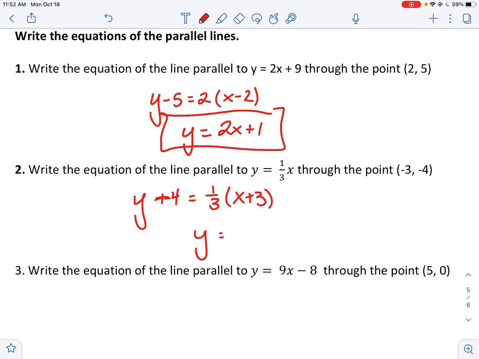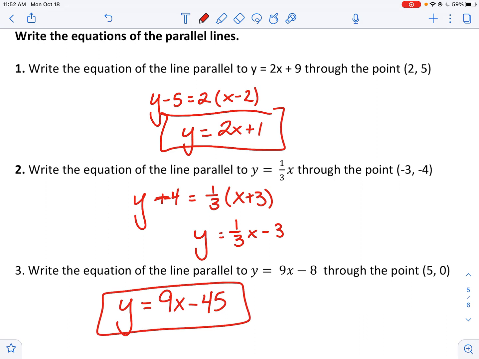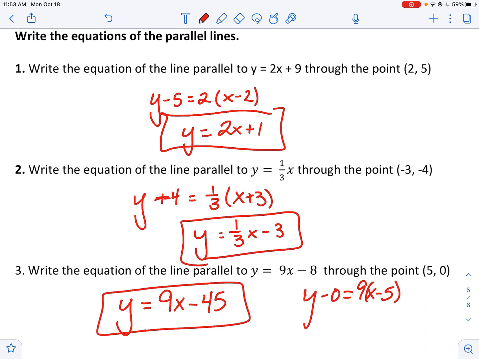So y equals 1/3 x minus 3, and here y equals 9x minus 45. So those would be your final answers, because y minus 0 equals 9x minus 45. Those would be your final answers.